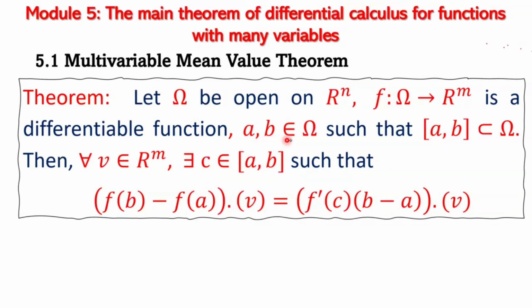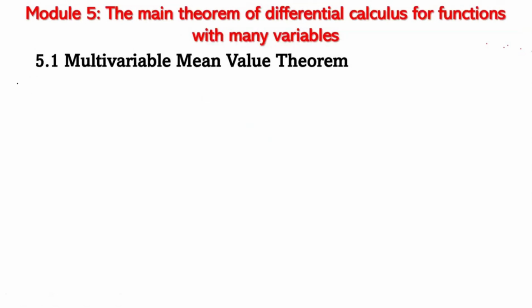If we take 2 points A and B in Ω such that the closed interval AB belongs to Ω, then for all v in R^m, there exists a c in the interval AB such that (f(B) − f(A)) · v = (f'(c)(B − A)) · v. So this is the statement of the mean value theorem. Now we are going to prove it.